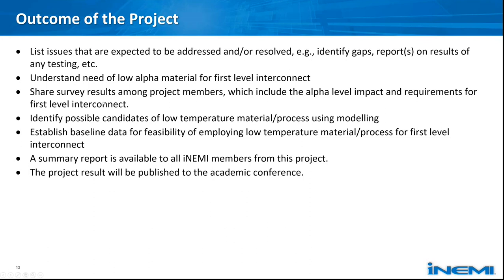Then we will also identify potential candidates of low temp materials and processes through modeling, and then would establish the baseline data demonstrating feasibility of employing this low temp material for first level interconnect. Summary of this outcome and the project would be reported and will be available to all iNEMI members of this project, and then the project results will be published to future academic conferences.